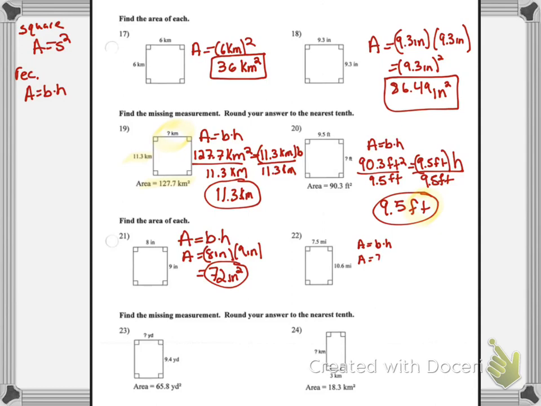So area equals 7.5 miles times 10.6 miles. 7.5 times 10.6 gives us 79.5 miles squared.